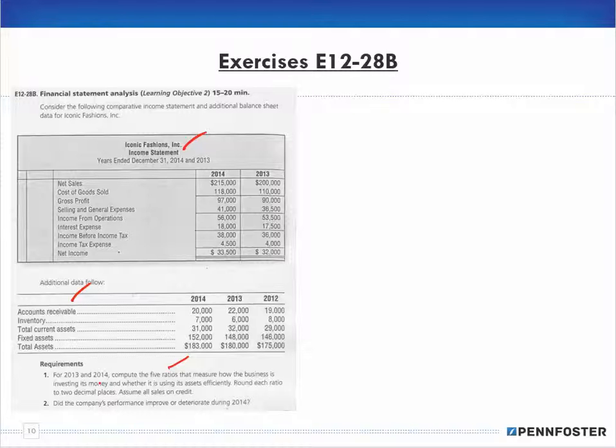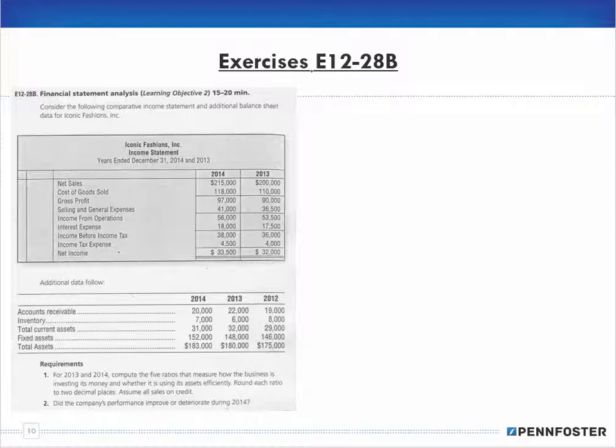In order to answer this problem, we're looking at how the business is investing its money and using its assets efficiently. So the 5 ratios are the accounts receivable turnover ratio, inventory turnover ratio, fixed asset turnover ratio, total asset turnover ratio, and the return on assets. You can find those in the exhibit in your textbook, or like I said, it was presented in the theory videos.